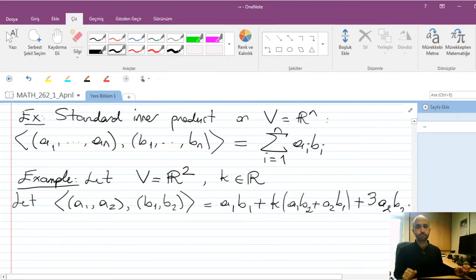Okay? The question is, for which values of k is this really an inner product?